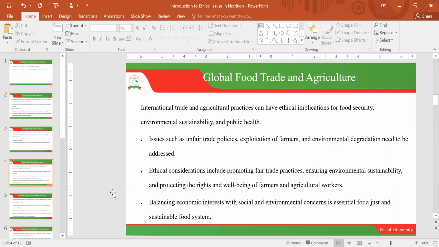Okay, so we have a lot of African countries that depend on foods from Europe, like the example I've given. But then when the governments of these producing countries impose policies that they don't want to export their produce for many reasons, then that means those that are relying on these foods are actually not going to get the food.